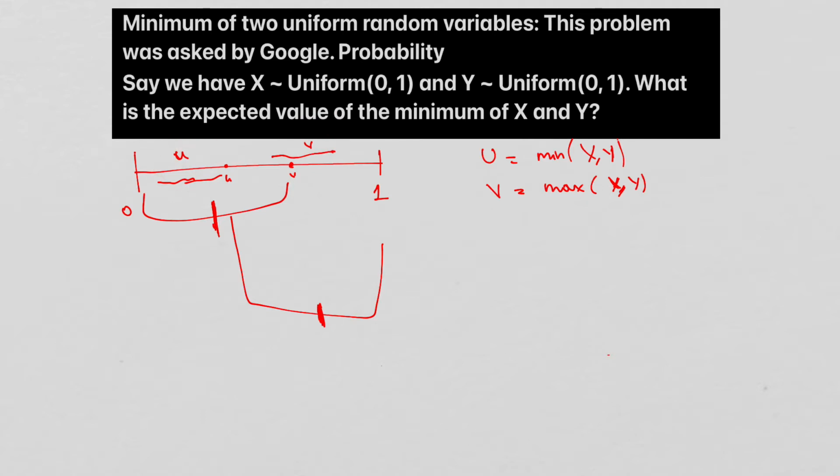Now assume we want to find the expected value of the minimum, the expected value of u. Assuming v is somewhere here, the expected value will be this point. Now another thing is, if u is somewhere here, then the expected value of v would be somewhere here.